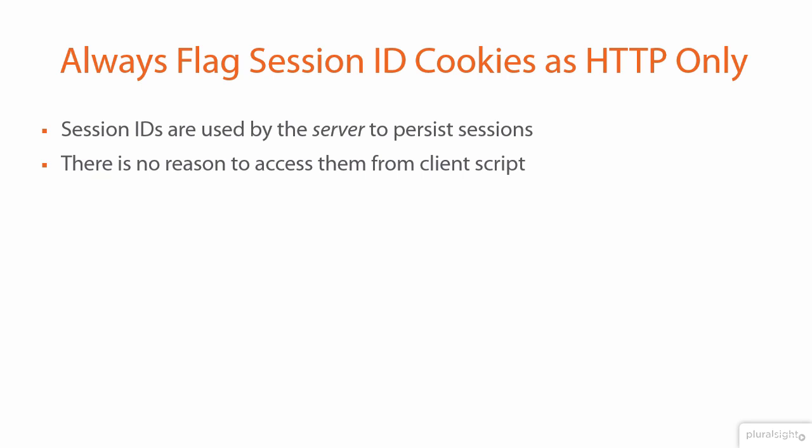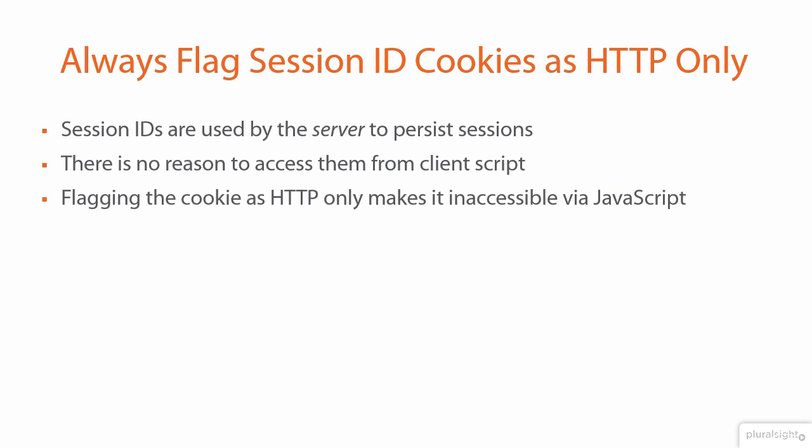So the browser shouldn't be allowed to run JavaScript and access that session ID cookie. There's absolutely nothing the browser needs to do with it client side. And there's a really simple fix, which is just to flag the cookie as HTTP only. Once it's an HTTP only cookie, JavaScript can no longer get access to it. I want to show you exactly how that works.